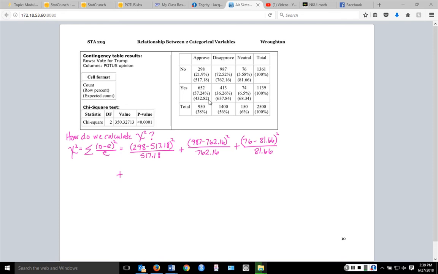Moving down here. Here. And finally, here.